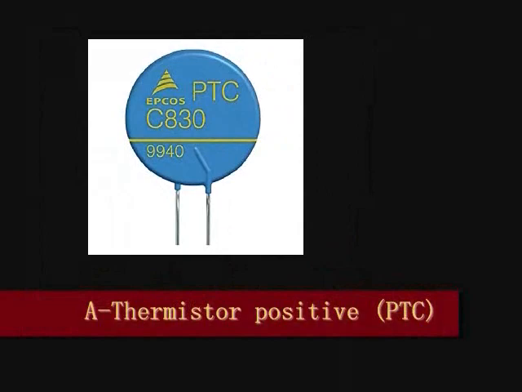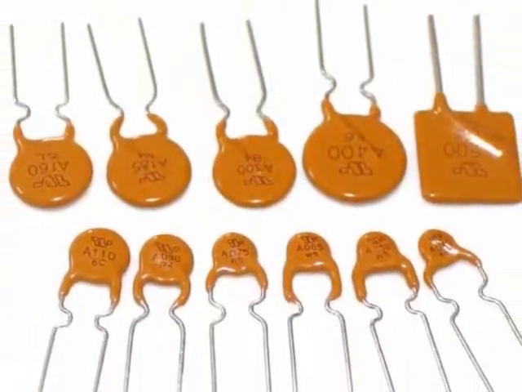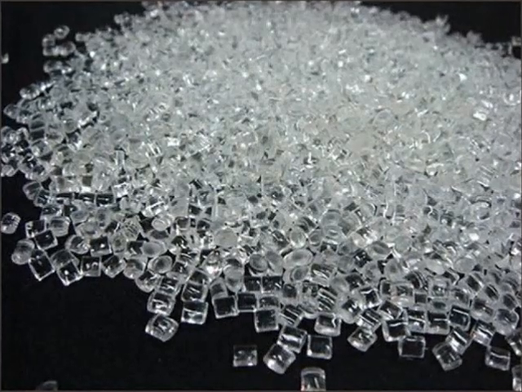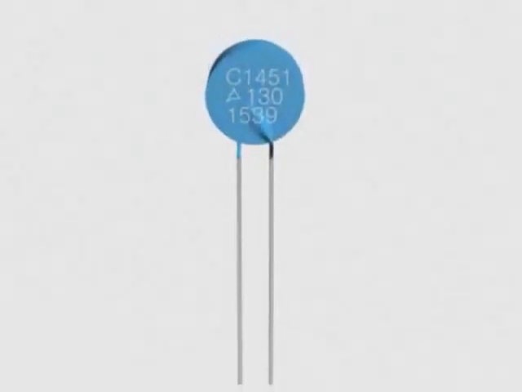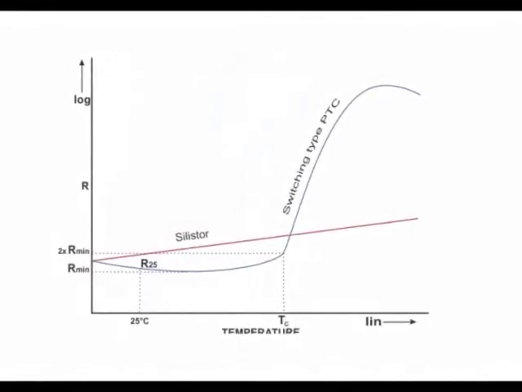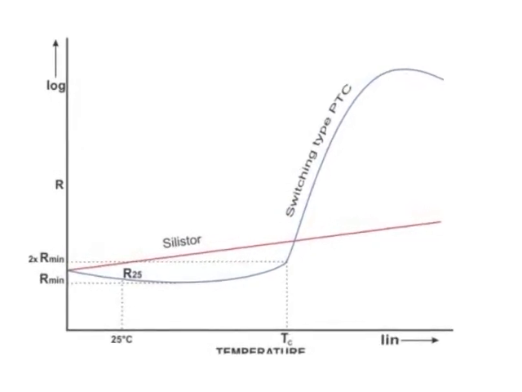Thermistor with positive thermal coefficient, PTC. PTC thermistor or thermal resistance is made of polycrystalline ceramic material with high positive thermal coefficient. In temperature measurement with a PTC or positive temperature coefficient thermistor, electrical resistance increases with increasing temperature and decreases with decreasing temperature.